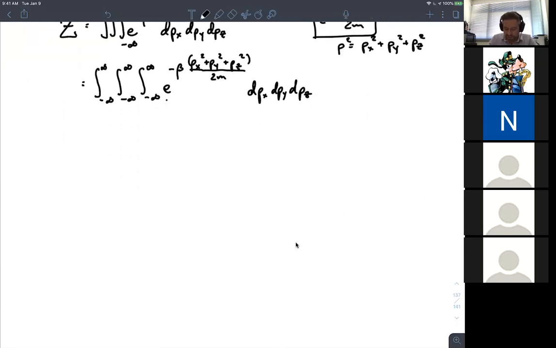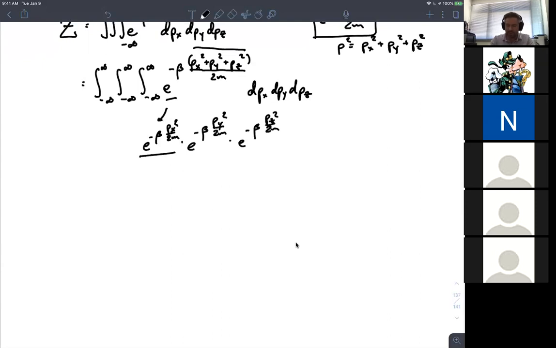Okay, so we have an exponential of a sum of things in the exponent, and as you guys know, whenever you have a sum of exponents, you can break that up into a product of exponentials. So we're going to wind up getting 3 exponentials. We'll get e to the minus beta px squared over 2m times e to the minus beta py squared over 2m times e to the minus beta pz squared over 2m.